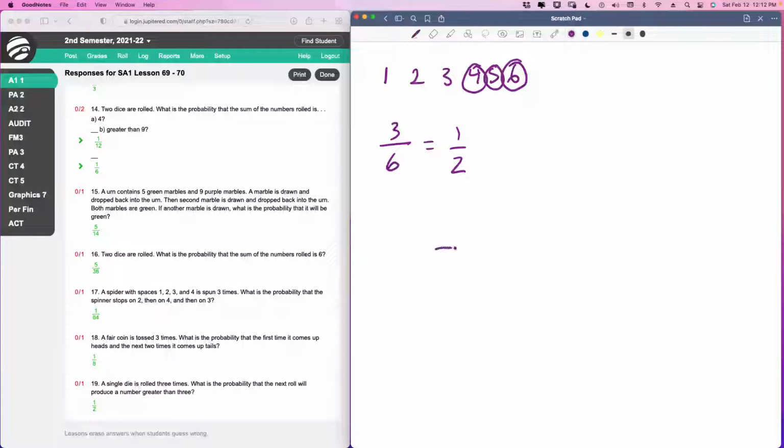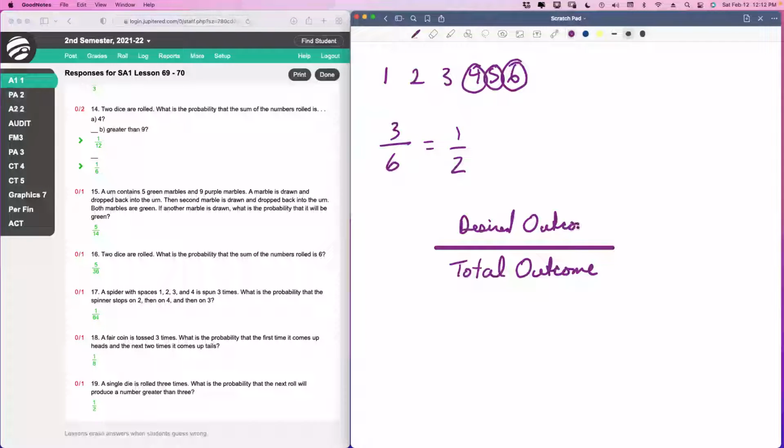In fact, that's what you want to look at. You want to see that the denominator is the total outcomes. And then what's in the top are the outcomes you desire, or the desired outcome. That's how you get your probability, okay?